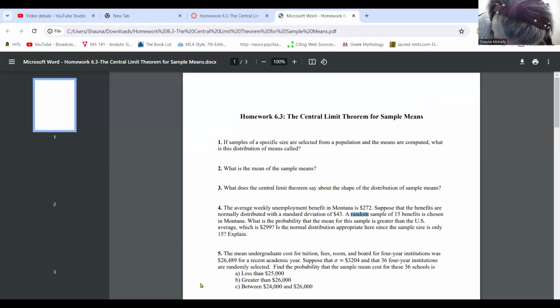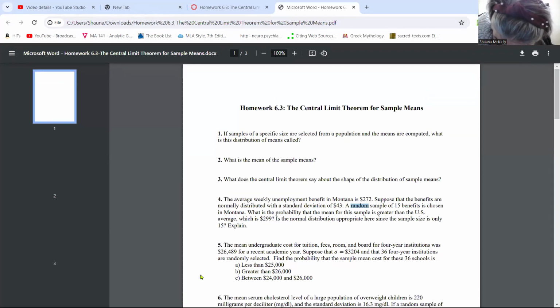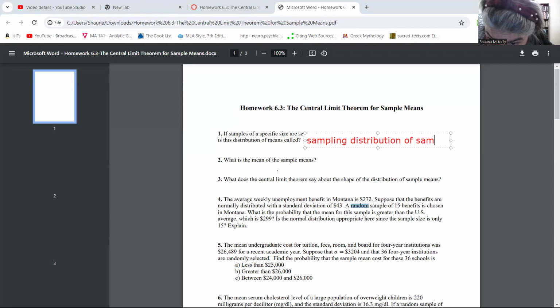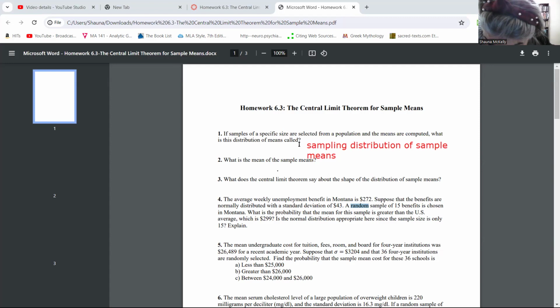So you're going to write for this first question that this is the sampling distribution of sample means. That's what this is called.